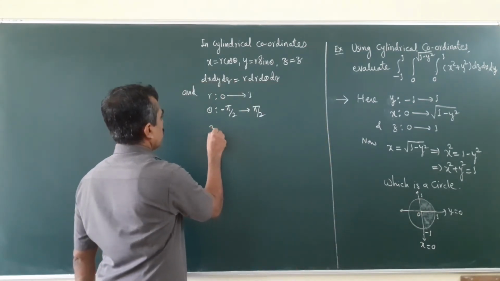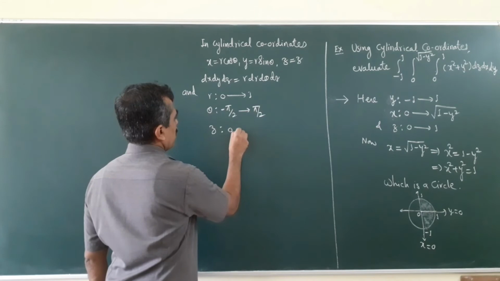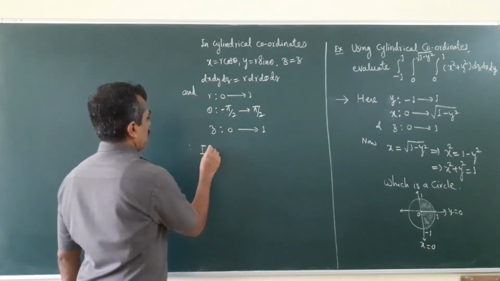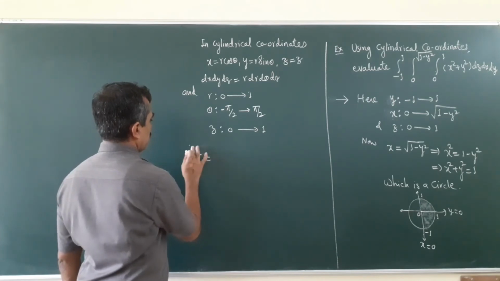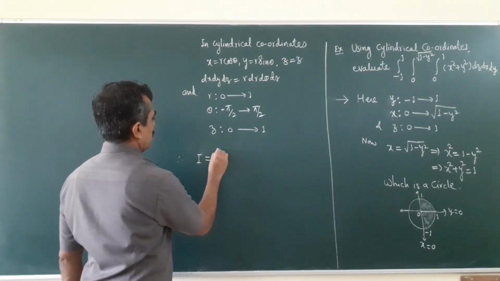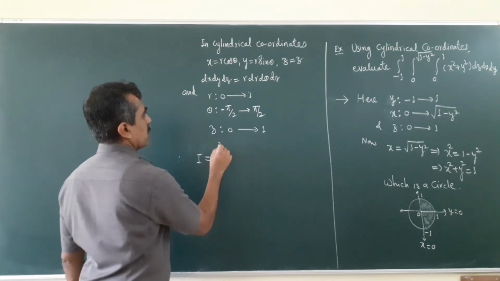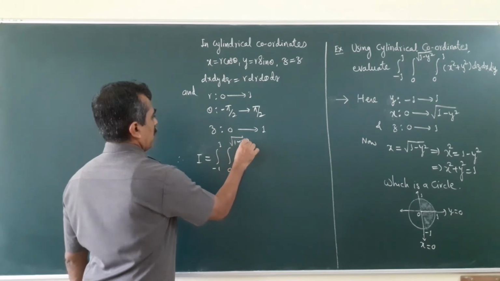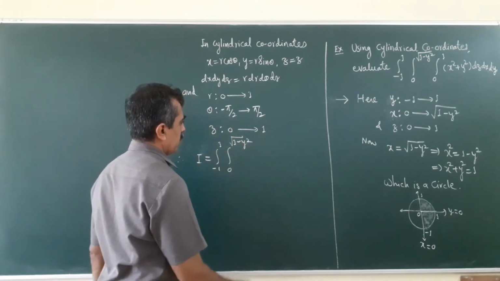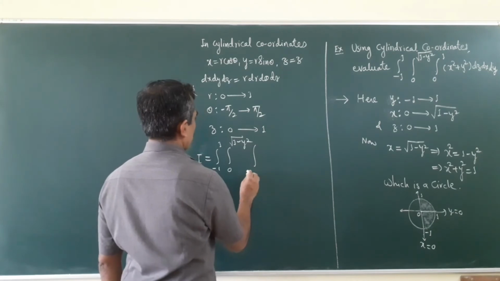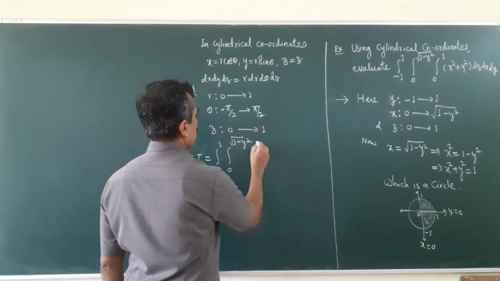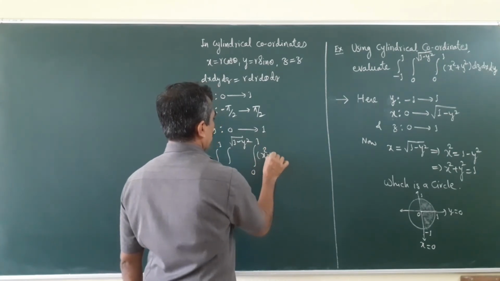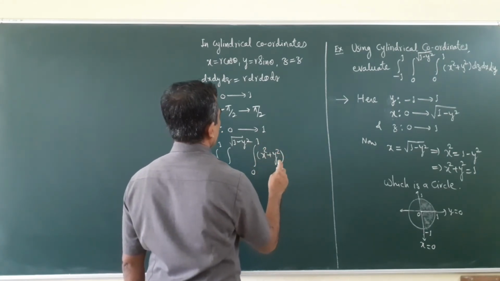z runs from 0 to 1. Therefore, I is equal to integral -1 to 1, integral 0 to under root 1 minus y square, then 0 to 1, x square plus y square.